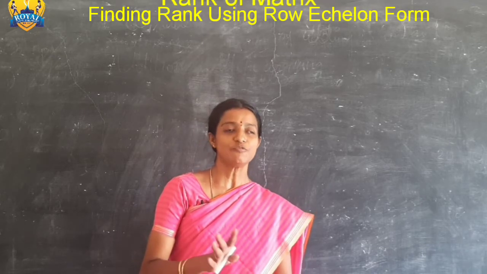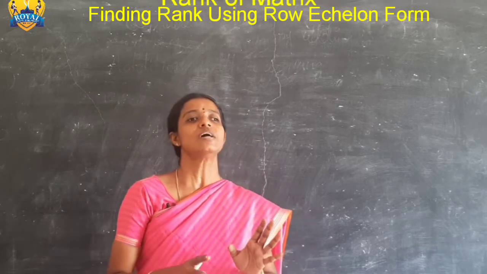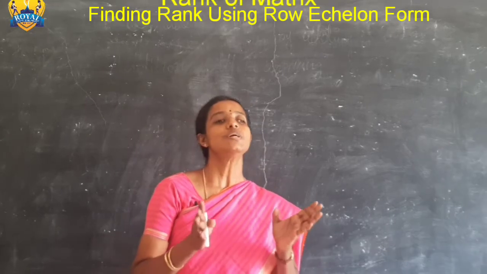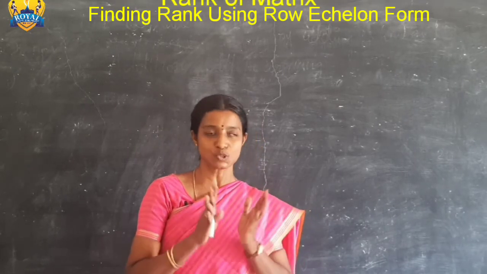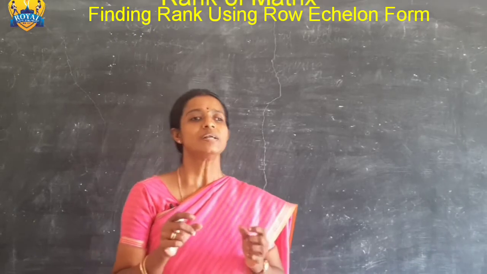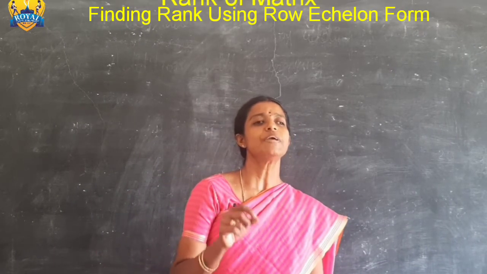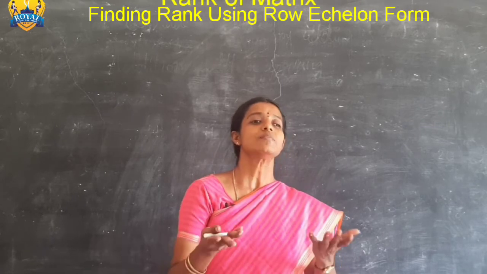So row echelon form is nothing but you carry on elementary row transformations and try to make as many zeros as possible, and at a particular point you will not be able to make more zeros.